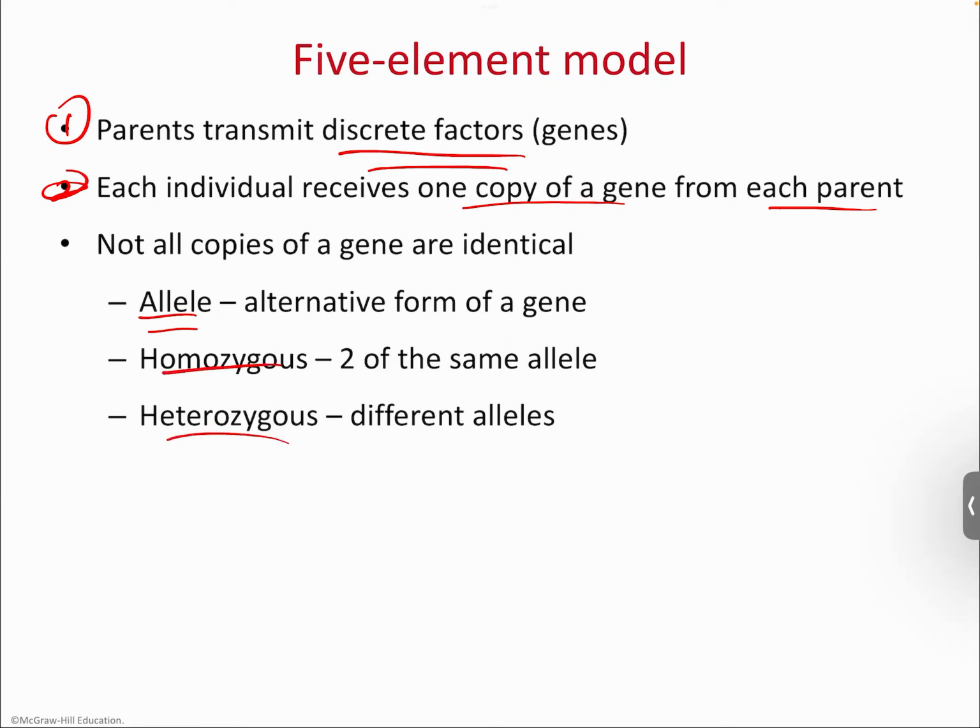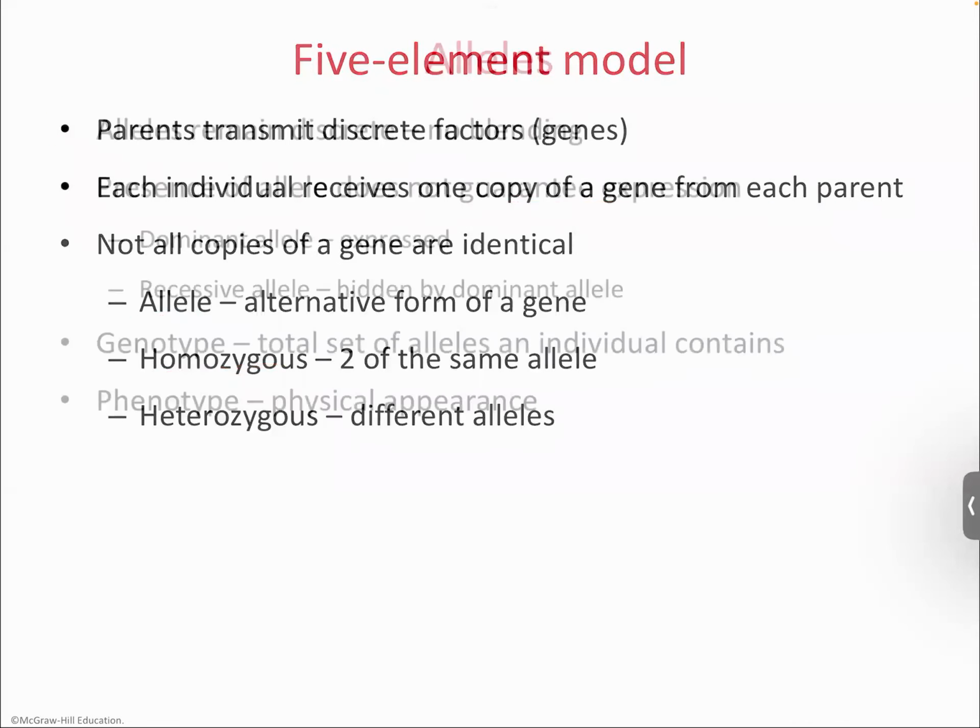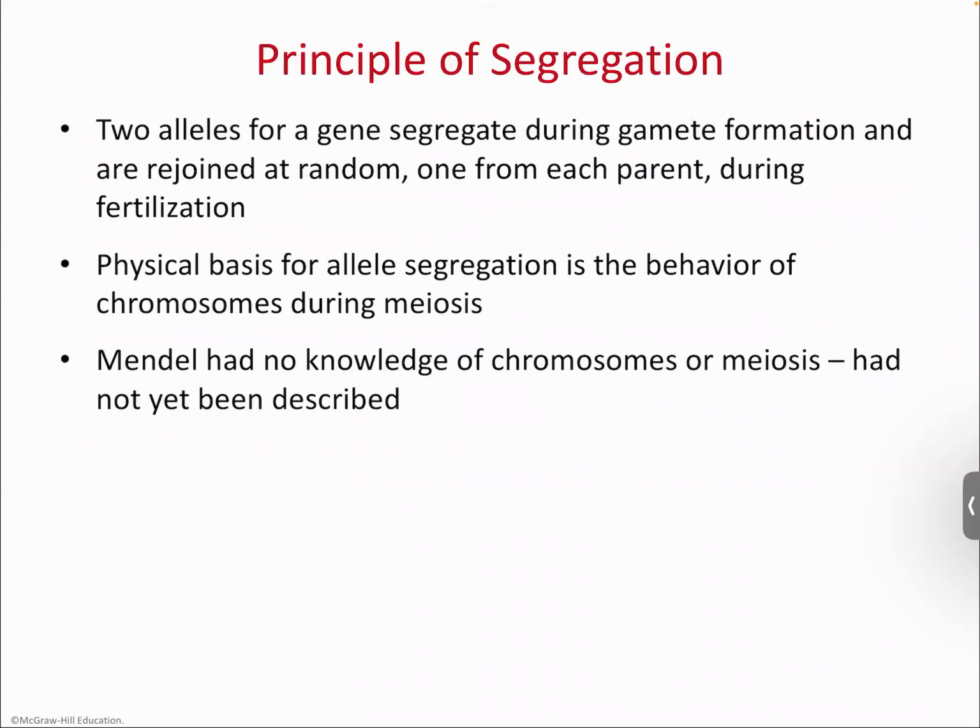You've got homozygosity and heterozygosity, which are different types of genotypes, right? These all come together to form the basis of what Mendel described as the way things are inherited. That's basically what he was trying to figure out: how are these things actually inherited? And this is your 5-point model. But the problem is, what if it doesn't work this way? Well, we'll talk about that in just a few slides.